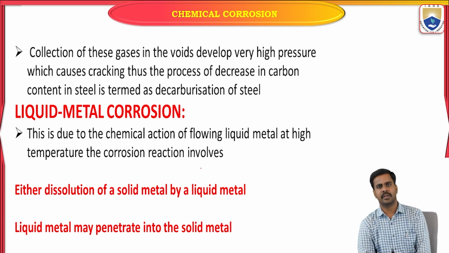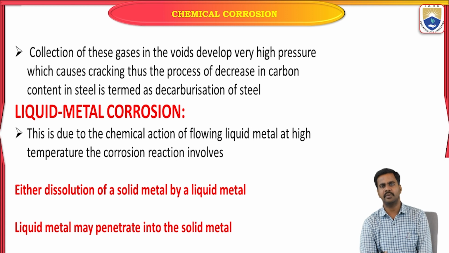So that is chemical corrosion or dry corrosion. This type of corrosion takes place in the absence of moisture. That means it is initiated by reaction with whatever chemicals are present in the environment.